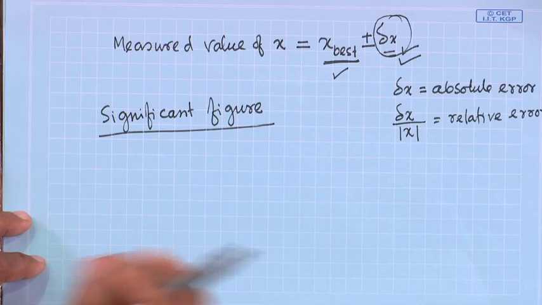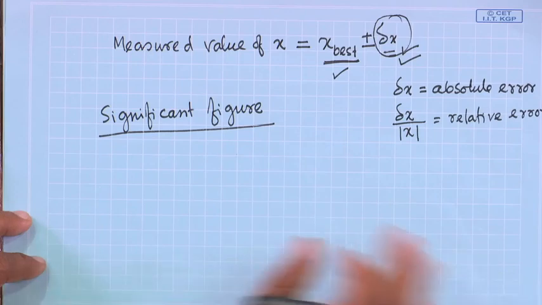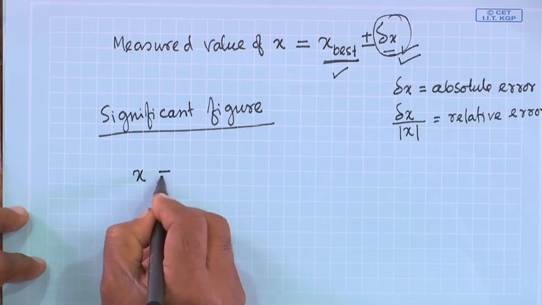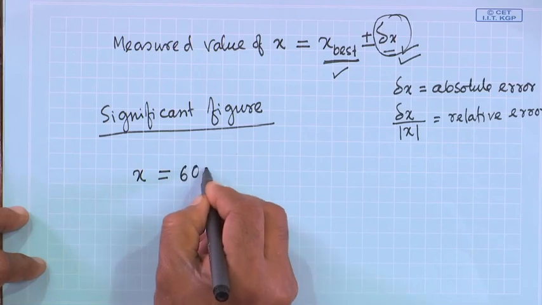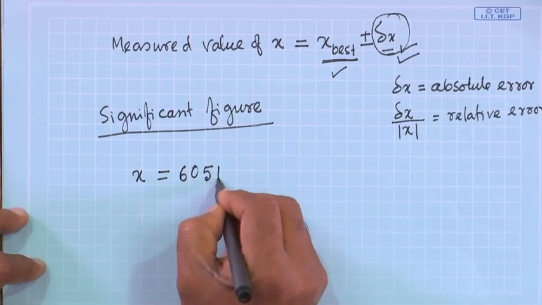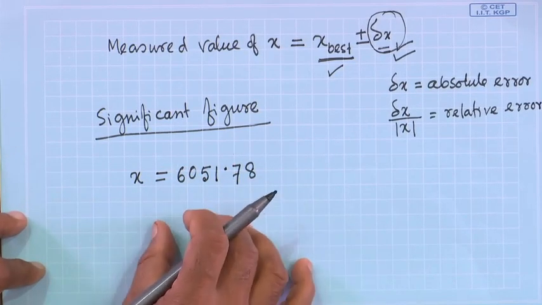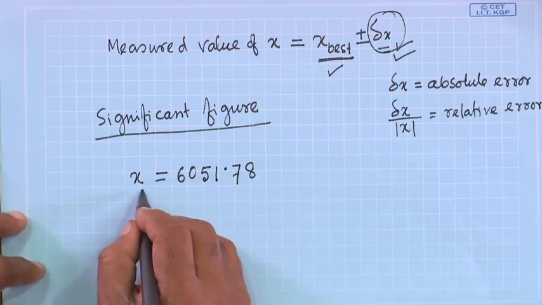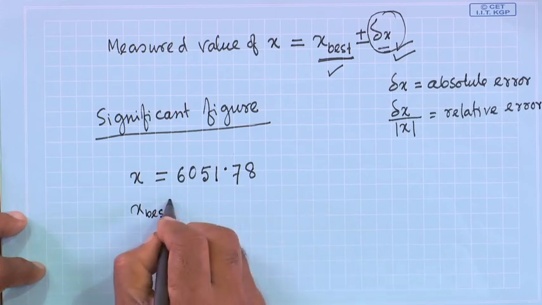So, let me give you an example. Say you have calculated some parameter x, and that value you got from calculation is 6051.78. Okay. Now, x best, how to write this x best?